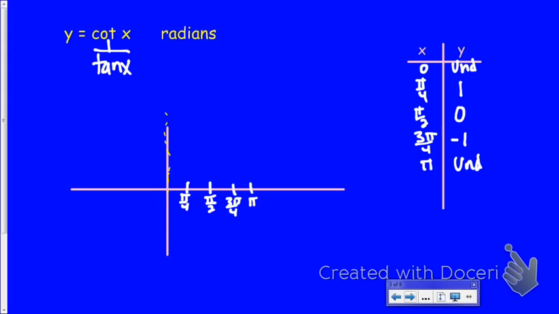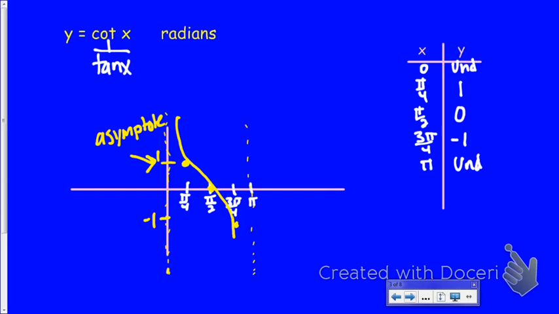So one major difference already is cotangent has an asymptote at 0. If you look back at the tangent parent function, it started with a center point. So that is one major difference: I'm starting with an asymptote. Then when I plot those higher and lower critical points, they're still 1 and -1. But the first one is high after an asymptote.